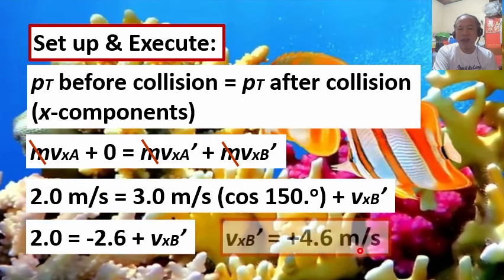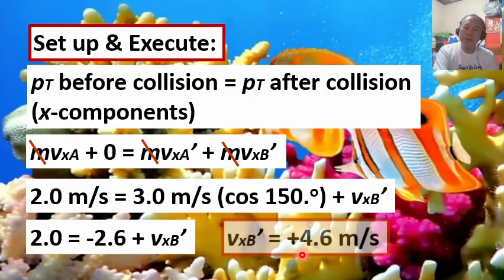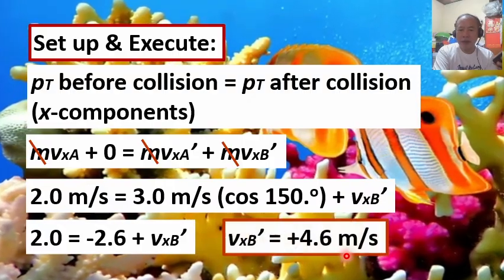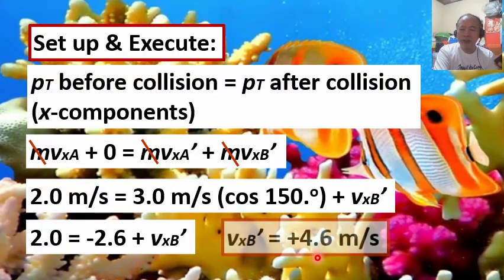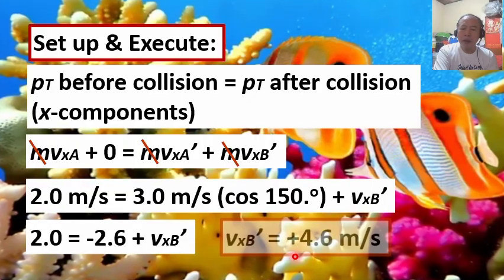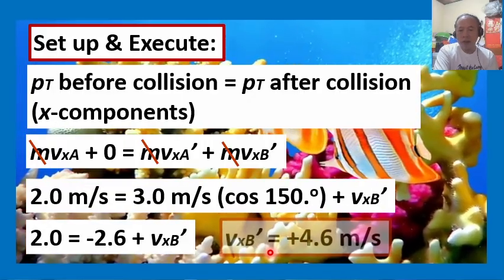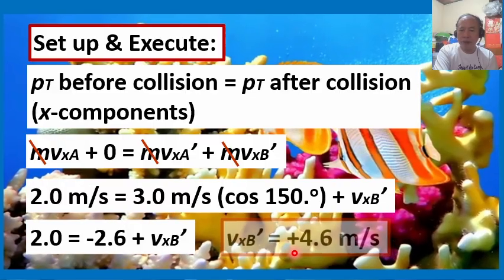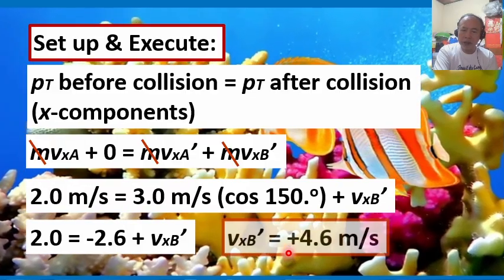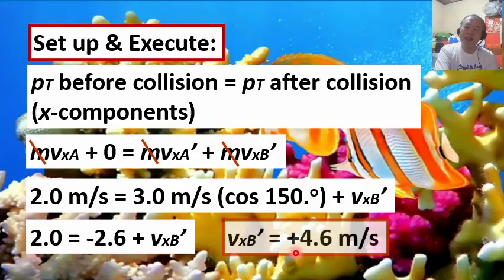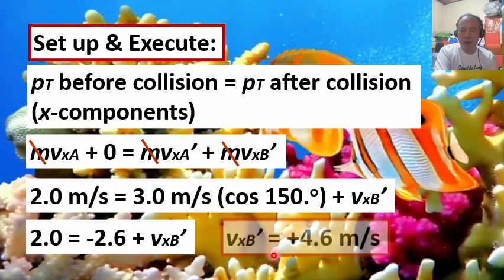The positive sign simply means that the x component of the final speed of particle B just after the collision has a direction, right?